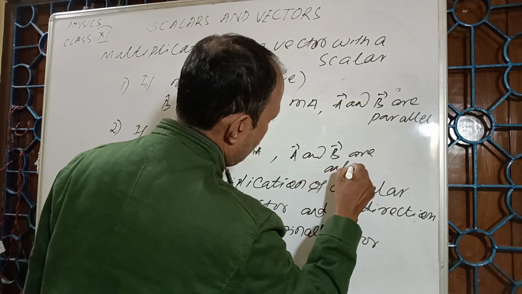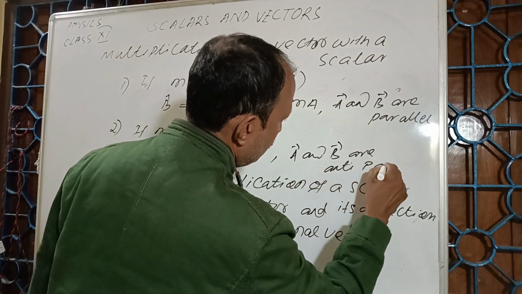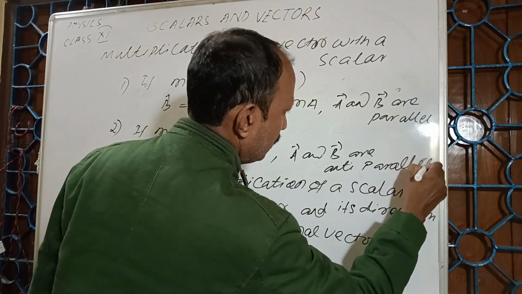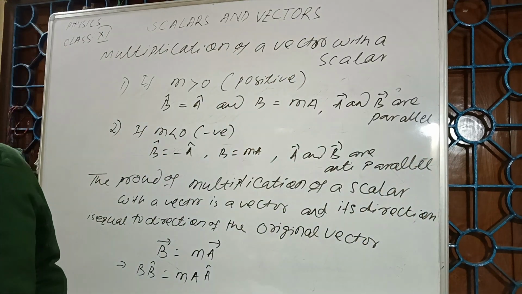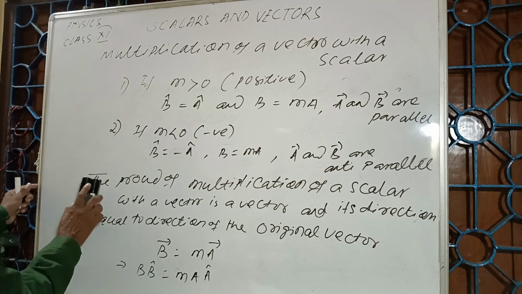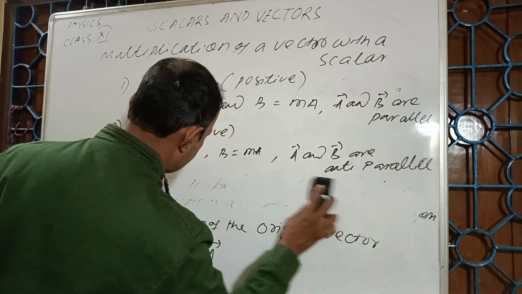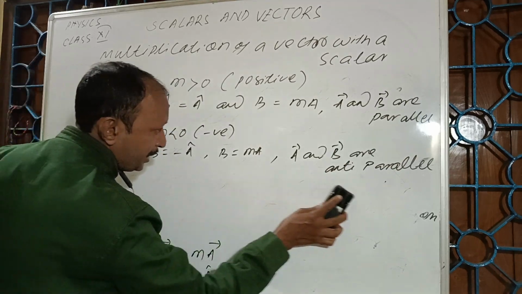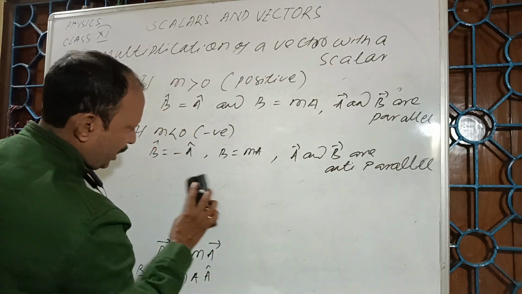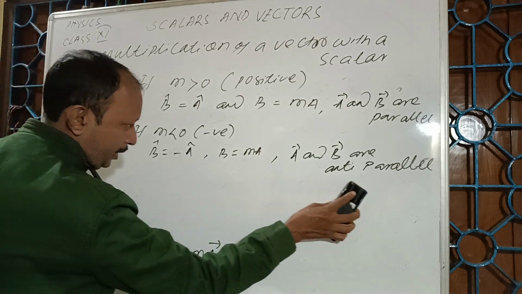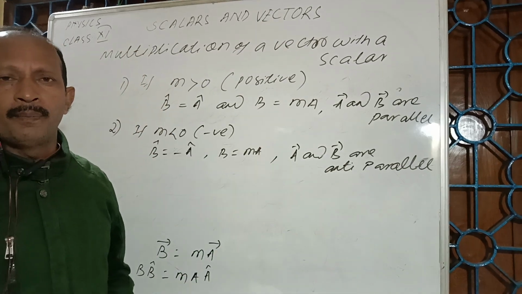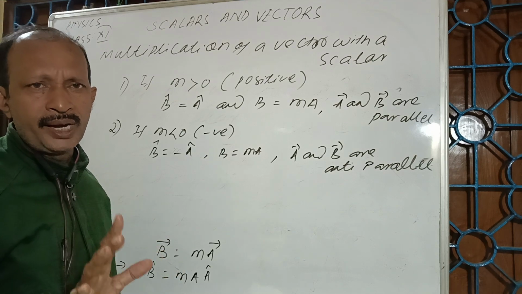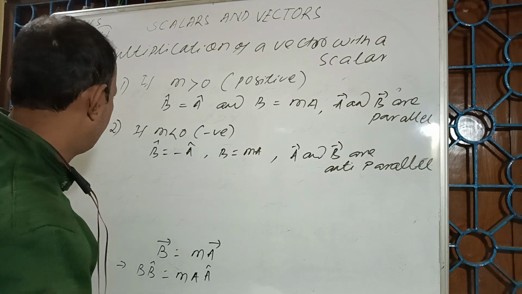They are anti-parallel. Okay. This is the second case. That means M is negative. That means the scalar is a negative number. What we are doing? I am explaining how to multiply a number with a vector. I have mentioned scalar. Scalar is the magnitude, or you can say it is a number.